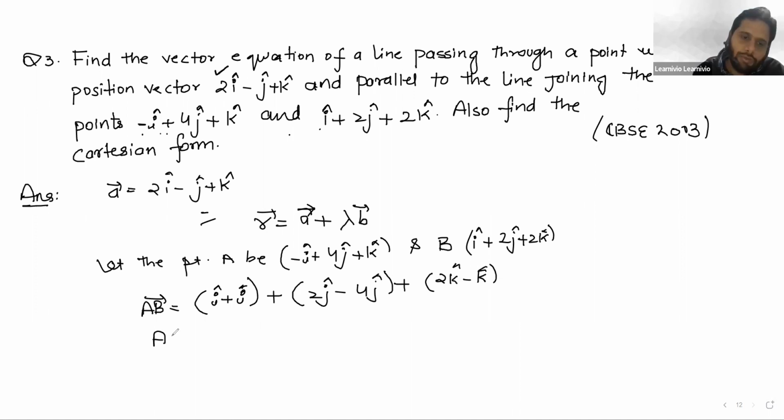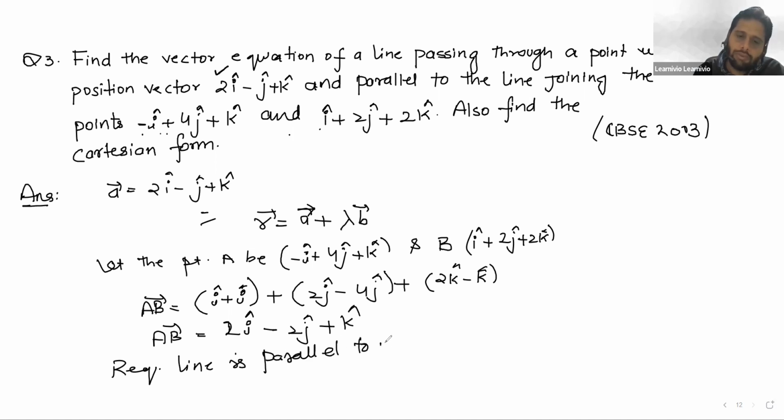So AB you will get 2i minus 2j plus k cap. Okay. Required line is parallel to AB. Okay, let me complete this.